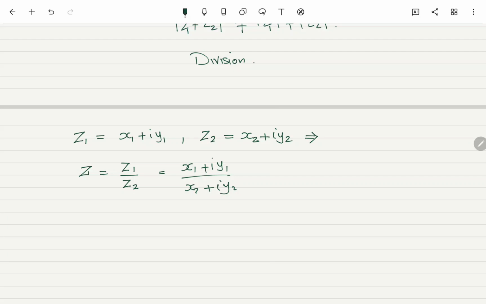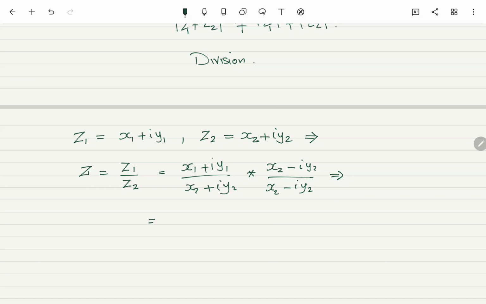Now, to perform this division, we multiply the numerator and the denominator by the complex conjugate of the denominator. So it will be x2 minus iy2 divided by x2 minus iy2.